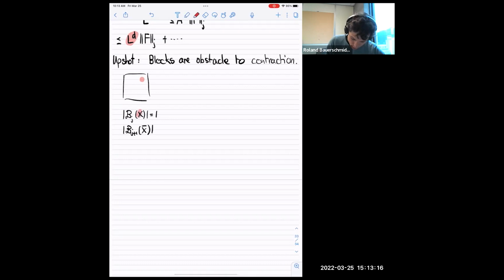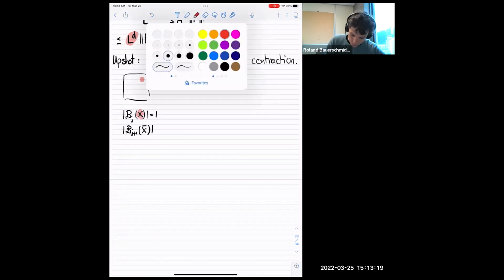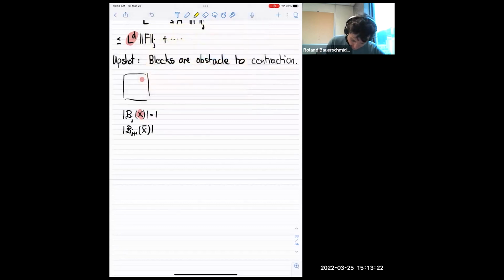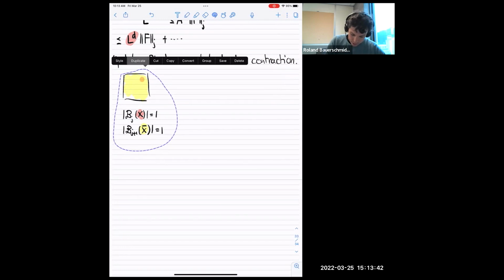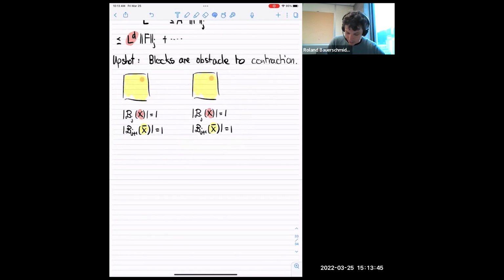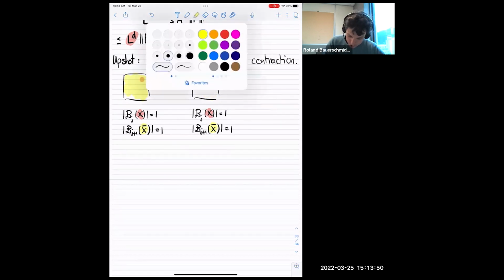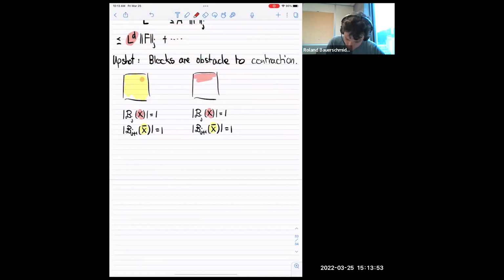So x is the red block, and then x bar is the full block here. Well, these are obviously the same. There's one j block x, and if we take its closure, it's still a single block. On the other hand, if we consider the scenario where x is not a single block, but let's say it consists of many blocks. Say x consists of, let's say, all of the blocks in here.